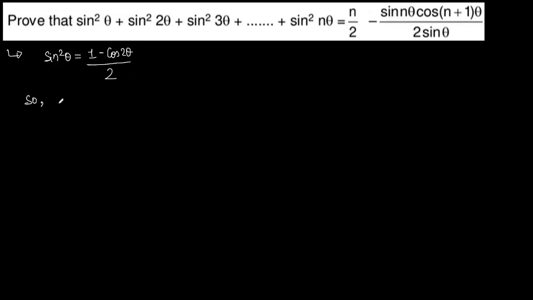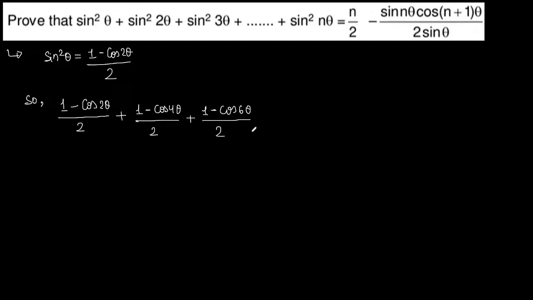So it is 1 minus cos 2 theta whole divided by 2 plus 1 minus cos 4 theta divided by 2 plus 1 minus cos 6 theta divided by 2 plus dot dot dot plus 1 minus cos 2n theta by 2.